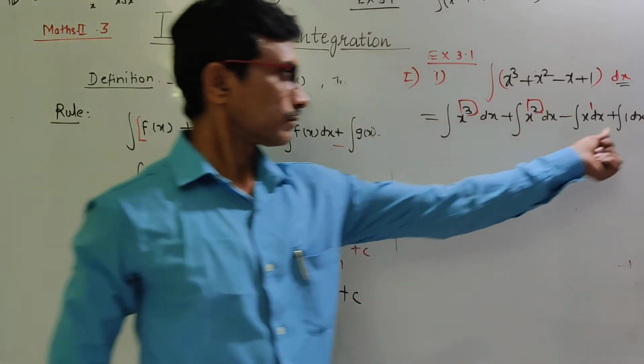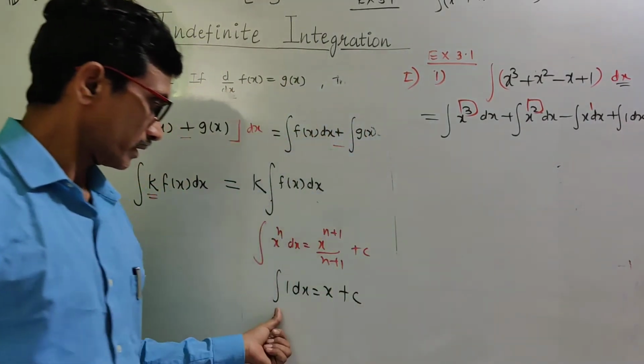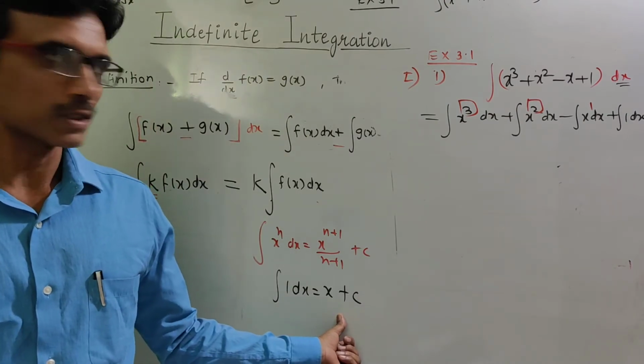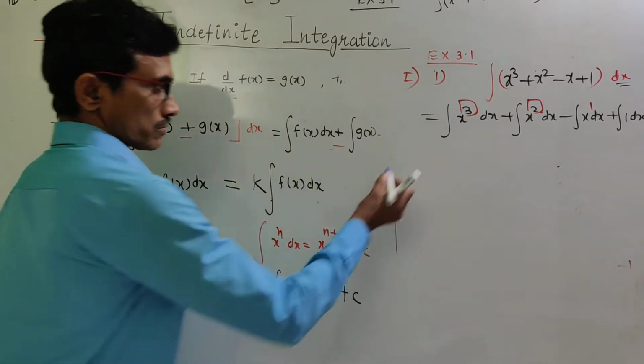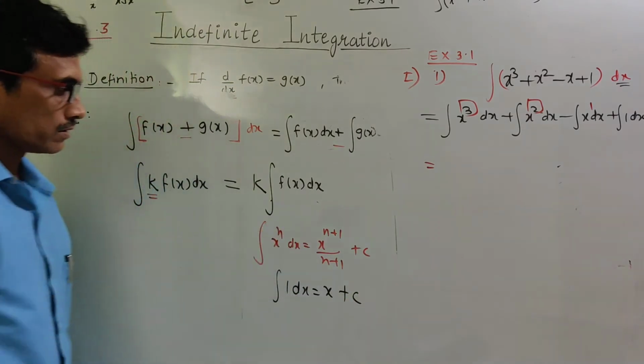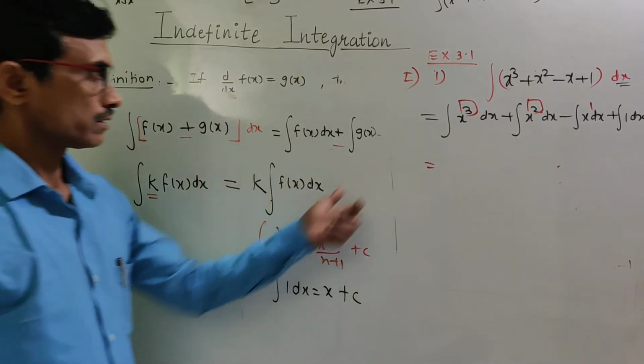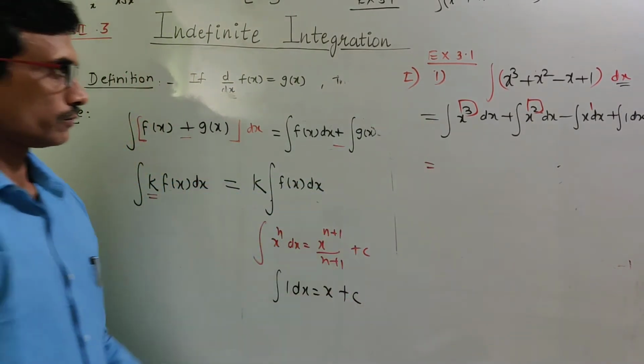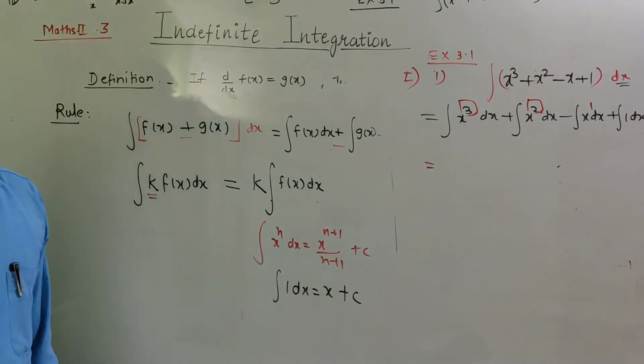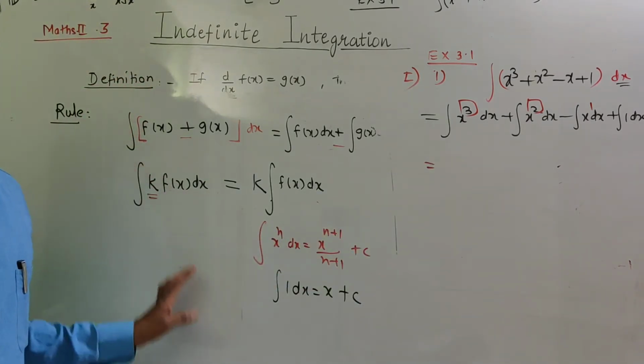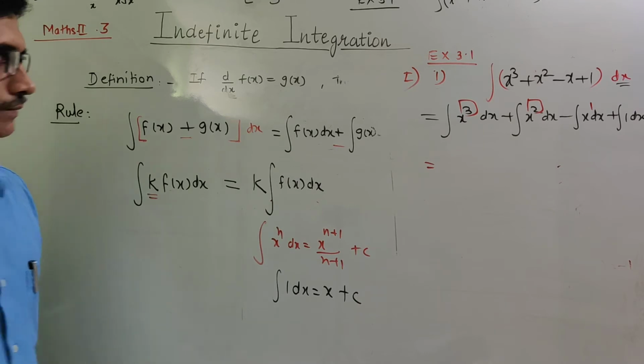So for this we use integration of 1 dx, which is x plus c. So simple result we use that x raised to power n dx. बेसिक फार्मूले है ये. सो बेसिक फार्मूला अप्लाई करके 3.1 एक्सरसाइज इज जस्ट फॉर प्रैक्टिस और रिविजन ऑफ द फार्मूले.